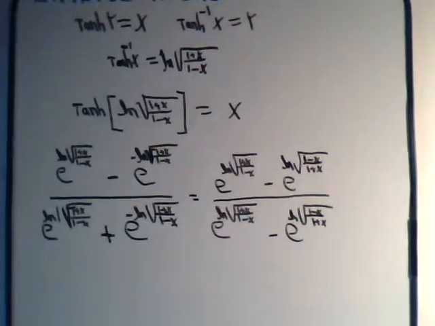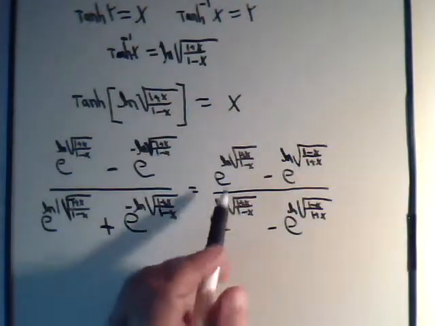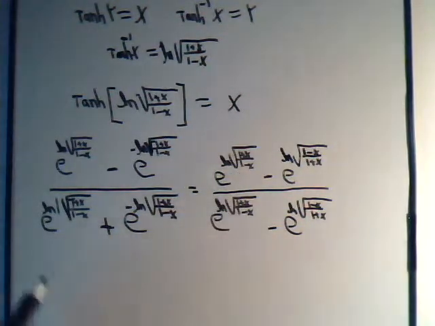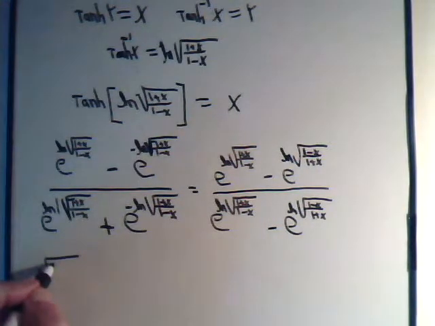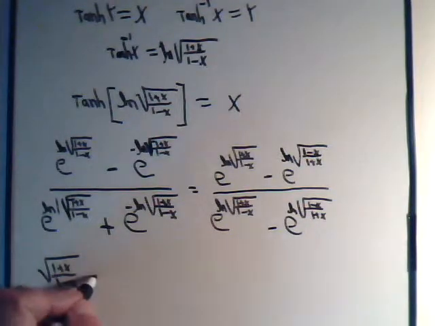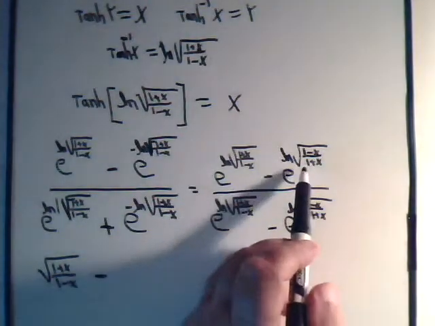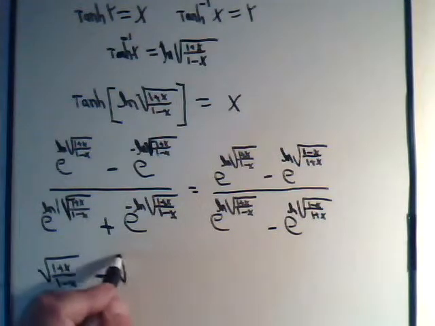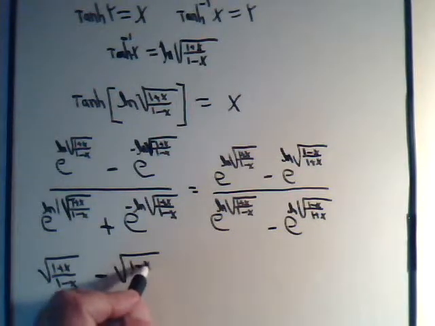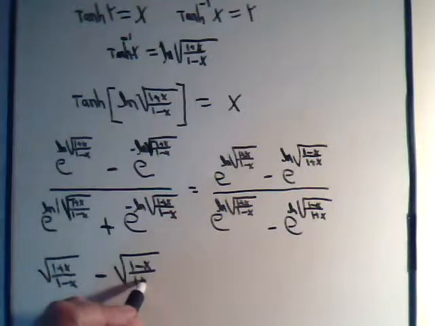And now, by definition, this quantity would be equal to the square root of 1 plus x divided by 1 minus x, minus the square root of 1 minus x divided by 1 plus x.